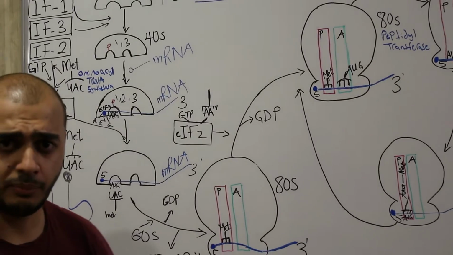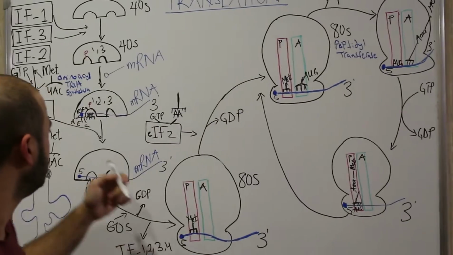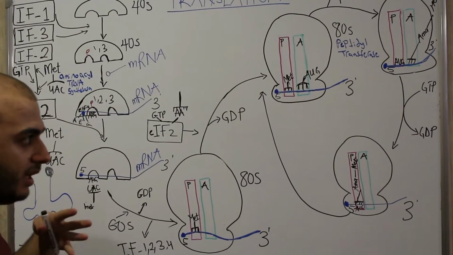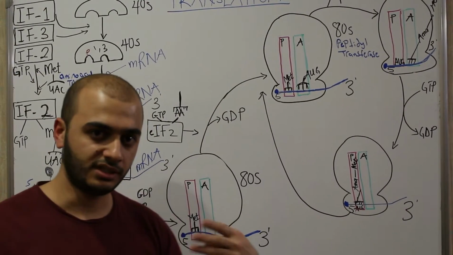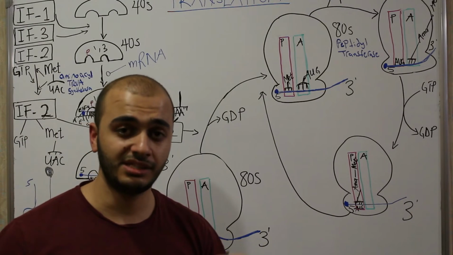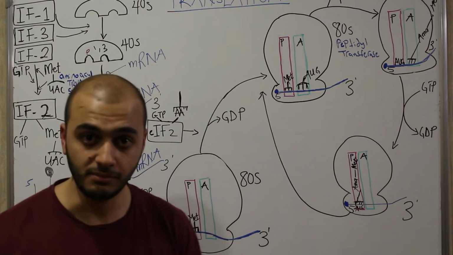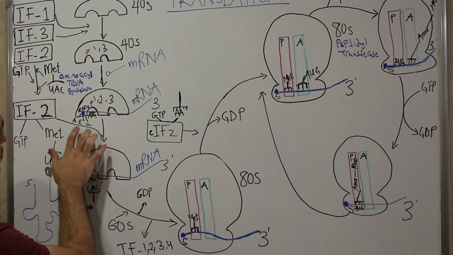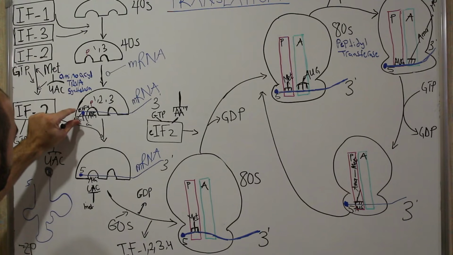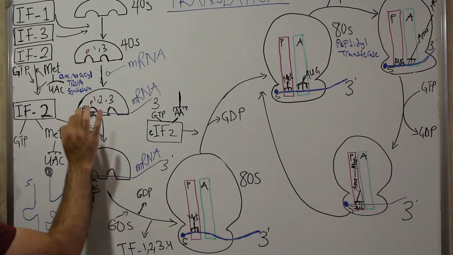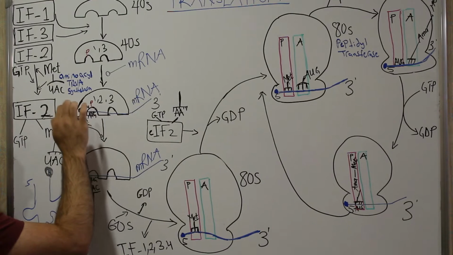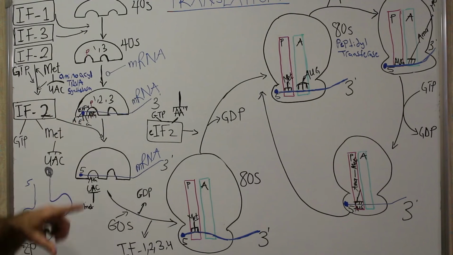All of them bind to the head of the mRNA, and 4A prevents secondary structures that may be mistakenly aligned to the head of the mRNA, while 4G and 4E participate in correction and placement of the head of the mRNA in the right place in the small ribosomal unit.